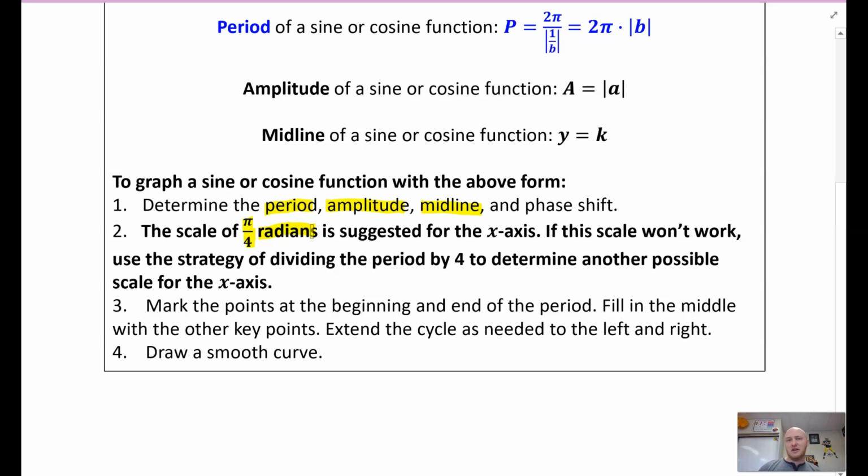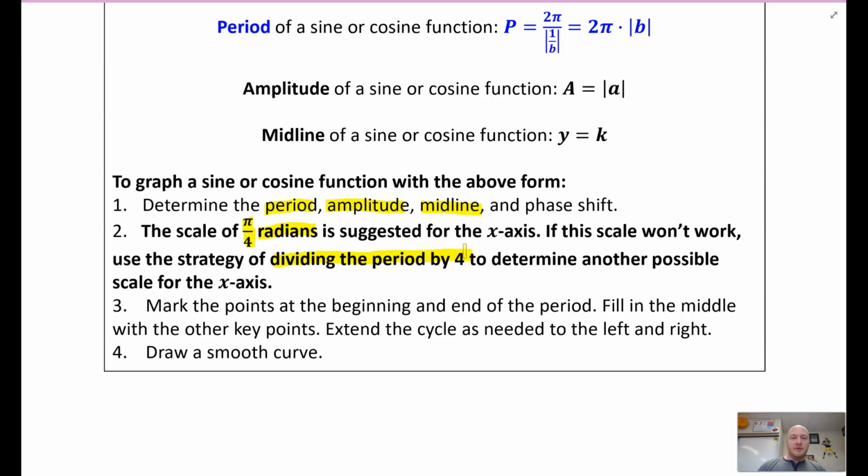Pi fourths is chunked down into small enough pieces that it tends to work for most graphs. If it doesn't work, one strategy for generating a scale for a graph is to divide the period by 4. Most of our graphs will already have units, so we won't really have to encounter this, but nonetheless, this is one of the strategies.